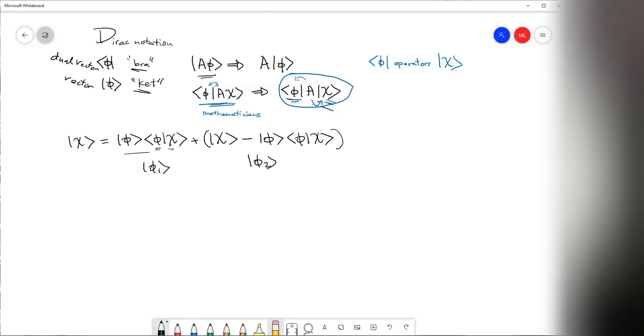And what this is, we can now reinterpret using this Dirac notation. We don't have to think about this just as a complex number necessarily. We can group these things together. We can group these guys over here into one object, which is an operator. If we think about this as a single object, what does it do?